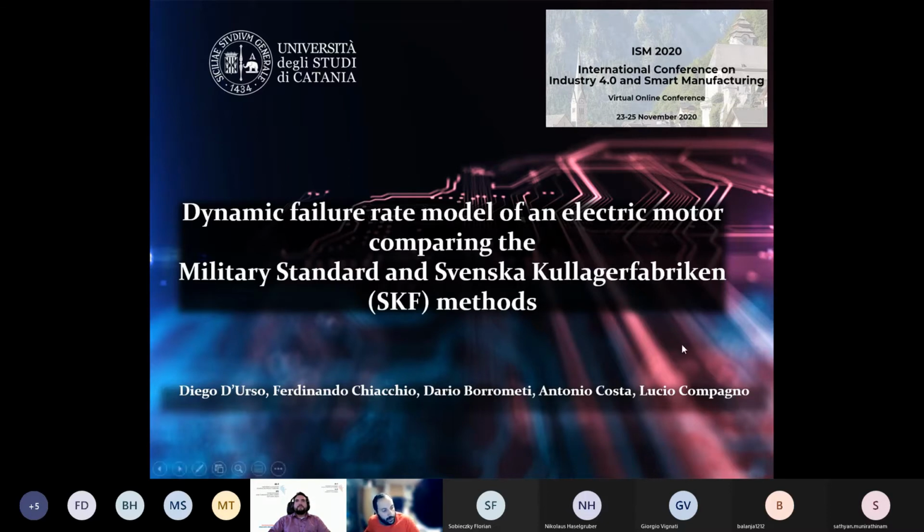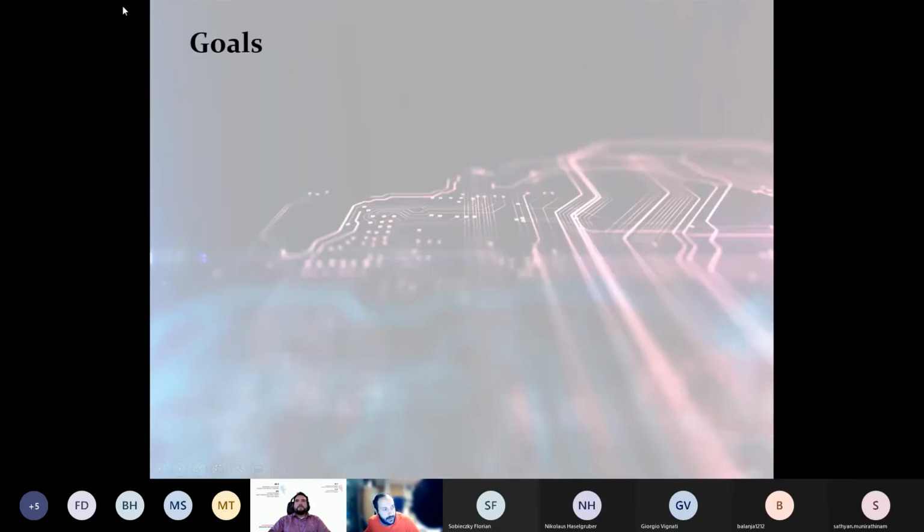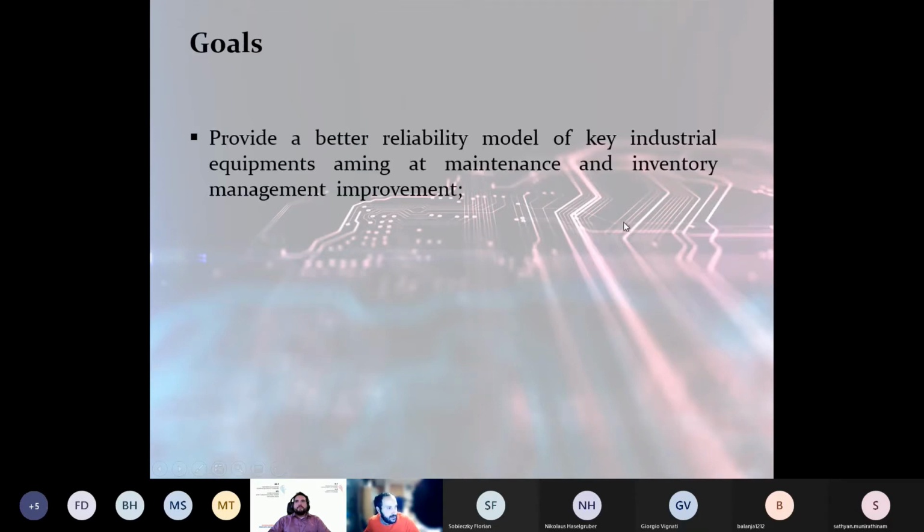Okay, so the main. I hope you guys see my presentation. Yes. So the main goal of this research is to provide a better reliability model for one of the most important equipment in the industry, which is the electric motor, in order to improve the maintenance and also the inventory management of the components that are required to make an engine work properly.